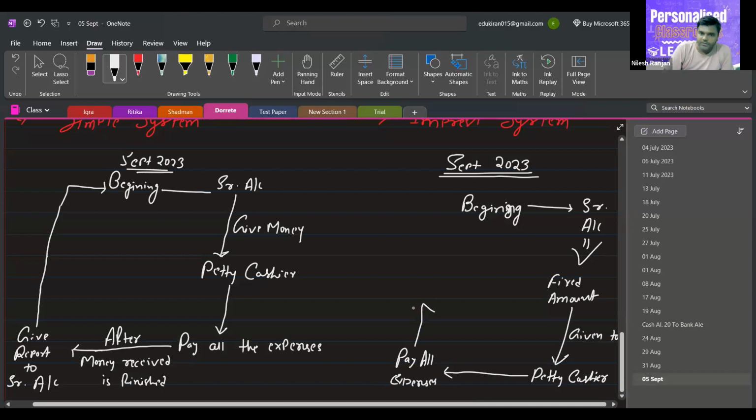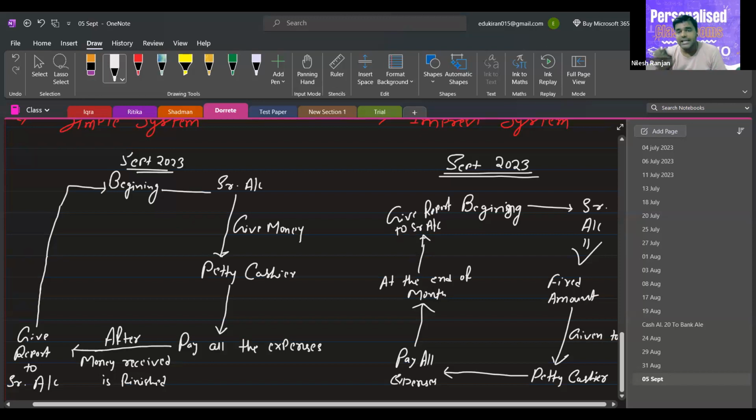And at the end of the month, he will give a report to the senior accountant. I'm not saying that the amount is finished, that there is no amount left.